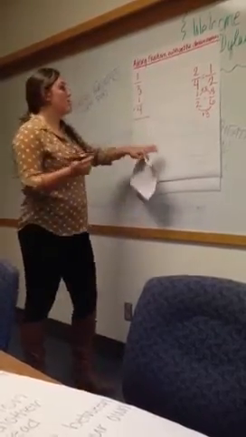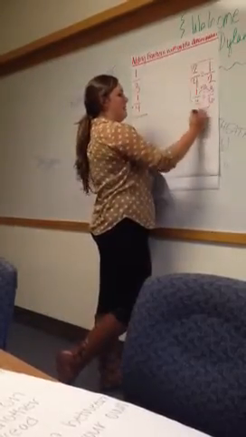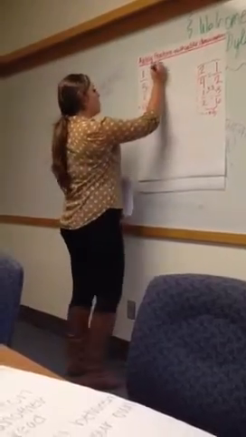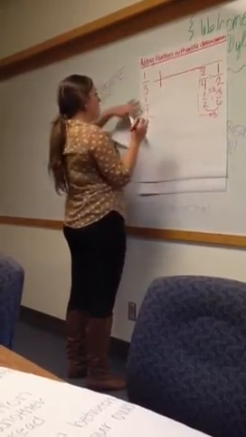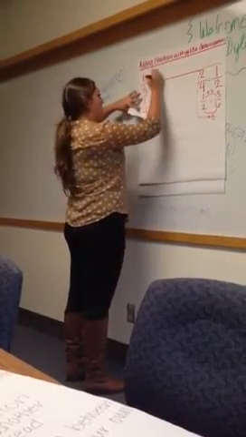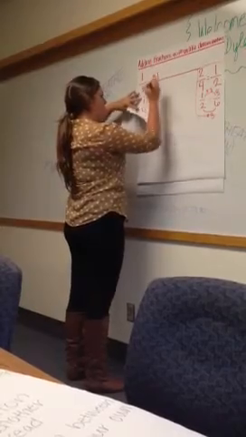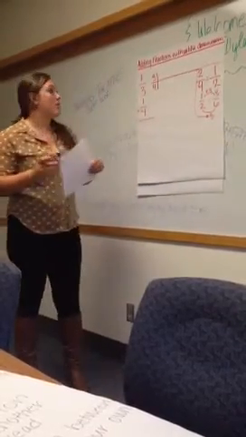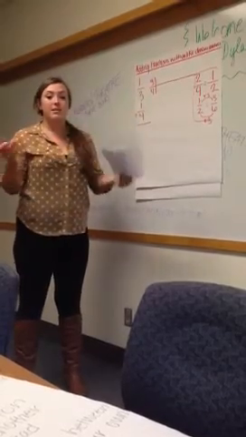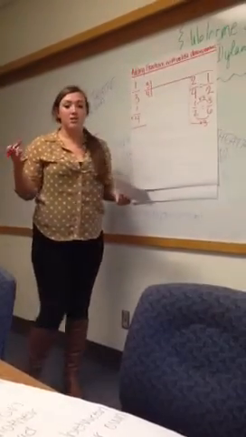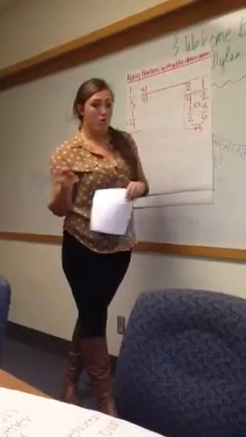So I have a chart that you can set up. You put both of the denominators in it. You put 3 on top, 4 on the bottom. And you go through and list each of the multiples. The least common multiple is the smallest number that is a multiple of both of the numbers.